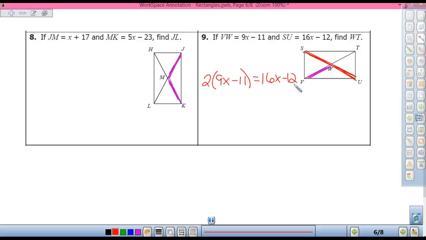That's, I said, not 22. Okay, so you need to do this. So what do I get here? 18x minus 22 equals 16x minus 12. So I have 2x equals 10.